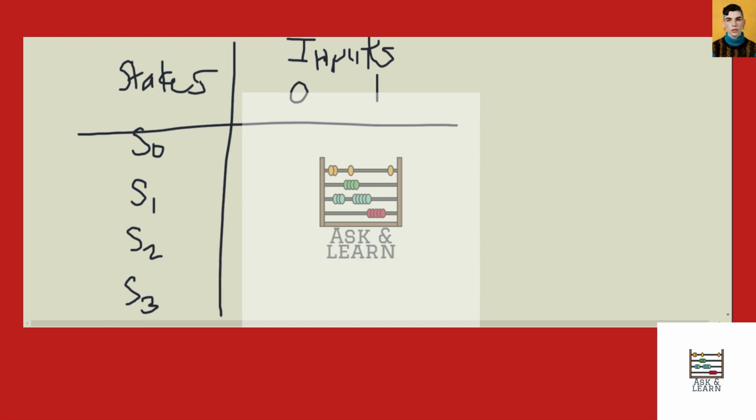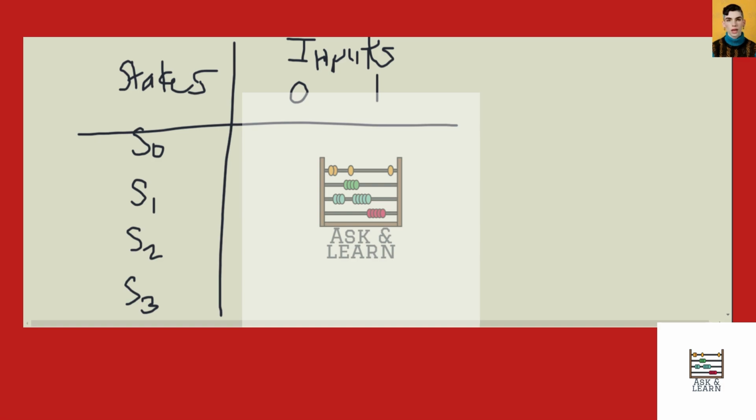And now, if there's an arrow from state Si to state Sj, which has a label of x, then I'm going to write Sj in the row Si and under the column x in this table.